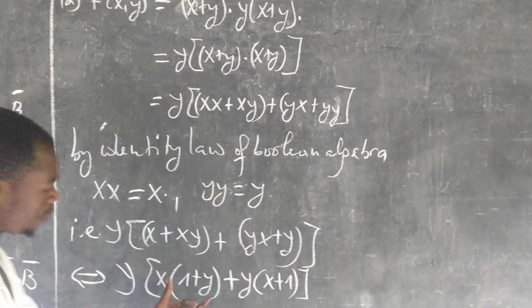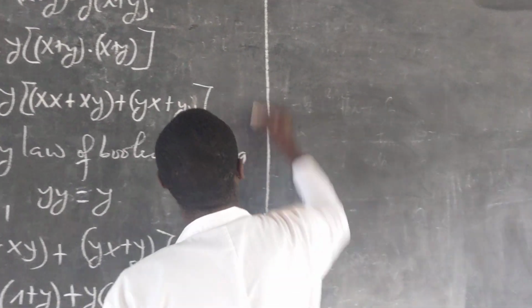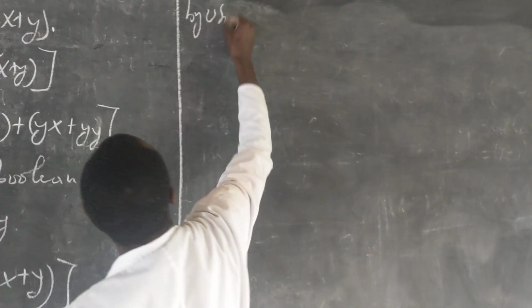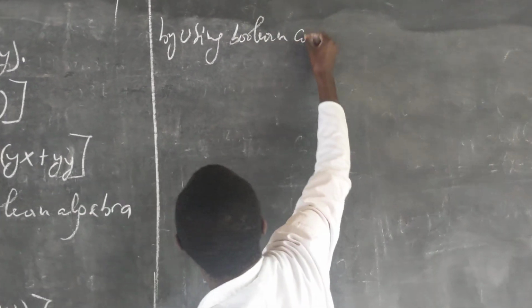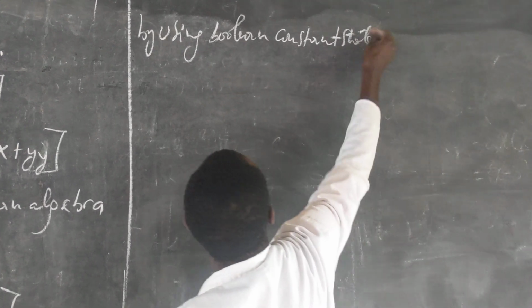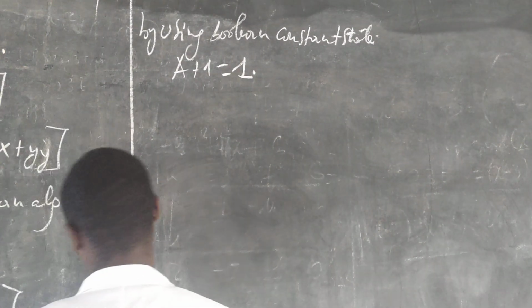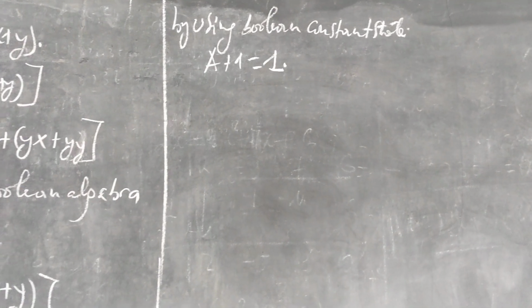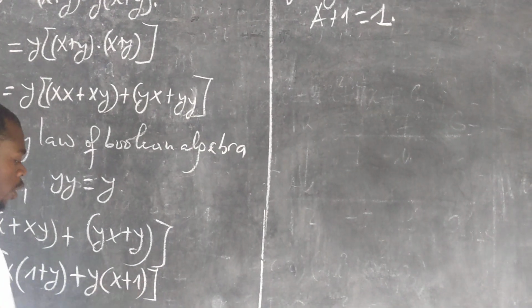So now you see, by using the Boolean constant, which states that a plus 1 equals 1. You see, if you have a here, a plus 1 is equivalent to 1, so x plus 1 is 1.